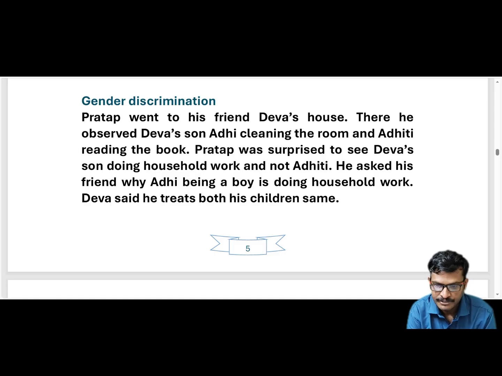Pratap was surprised to see Deva's son doing household work and not Aditi, because in everyone's house, household activities are done by the women only. That's why he was surprised.